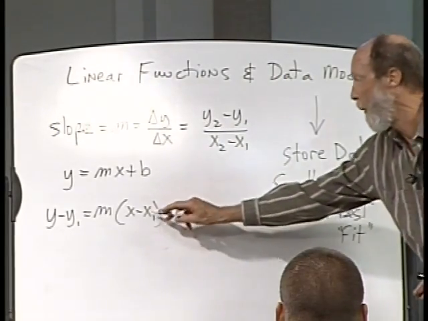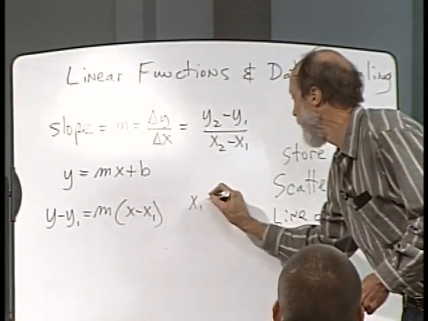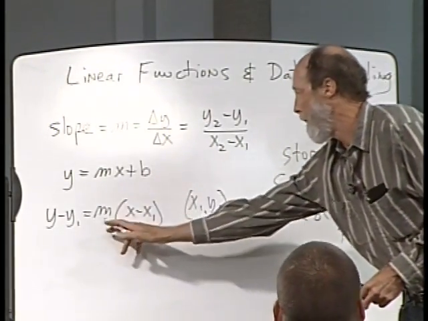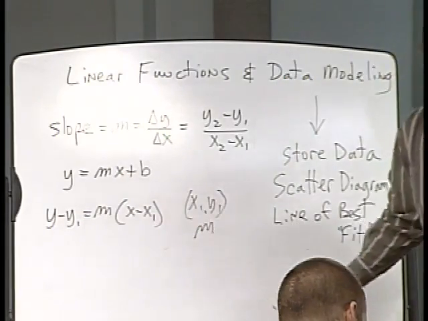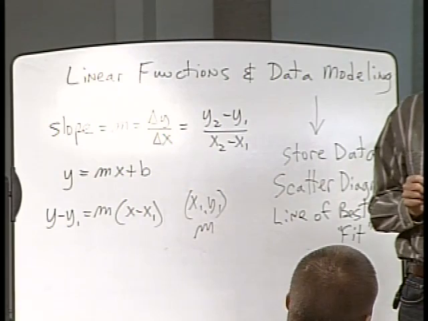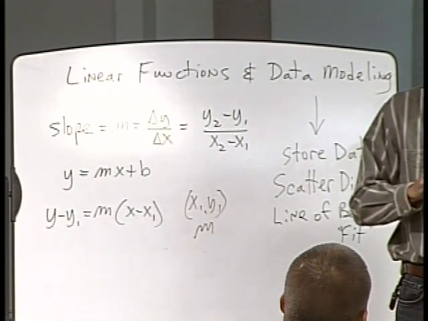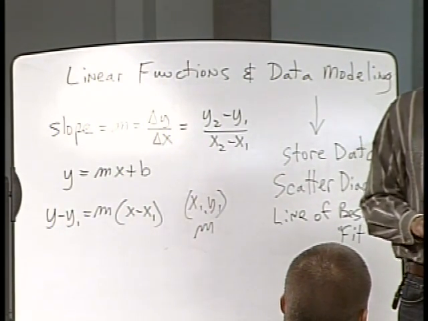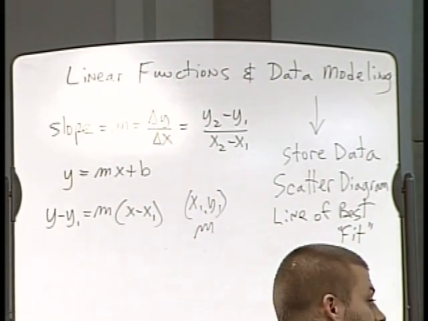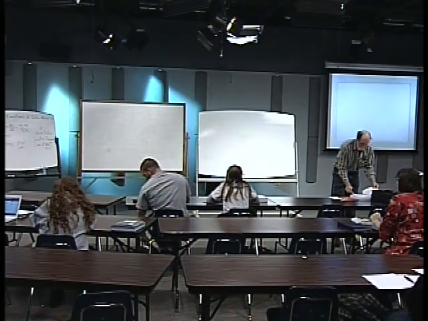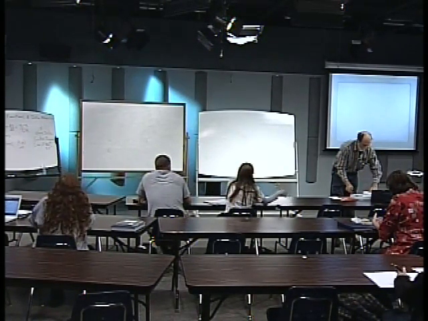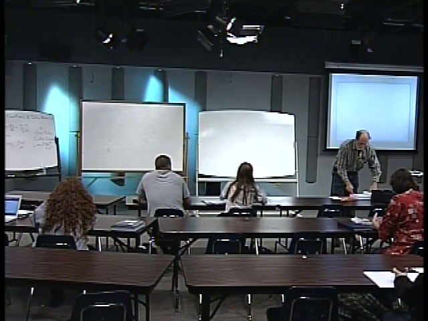There's a given point, isn't there? x1, y1, and a given slope, and so that's called the point-slope equation of the straight line. All right? This is in the beginning of chapter 3, so let's grab something right out of chapter 3, and I'll throw it up here on the overhead and show you how to learn how to do that.